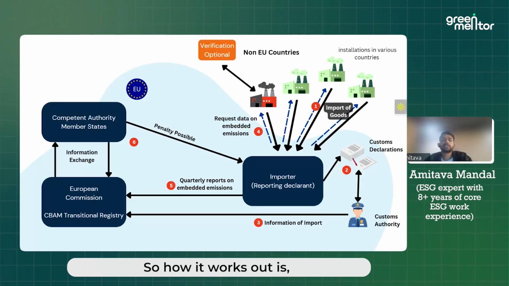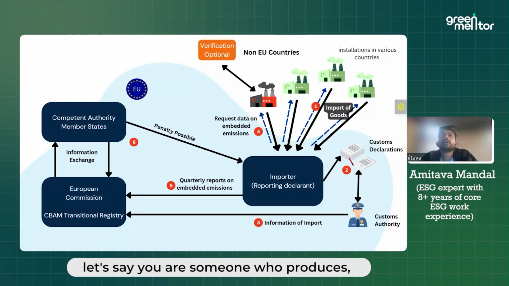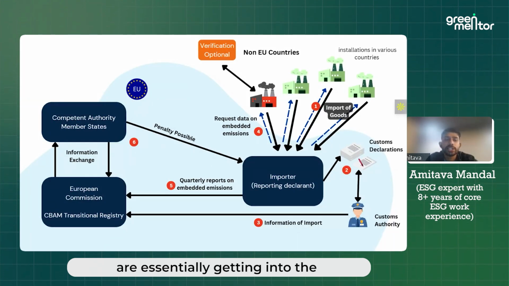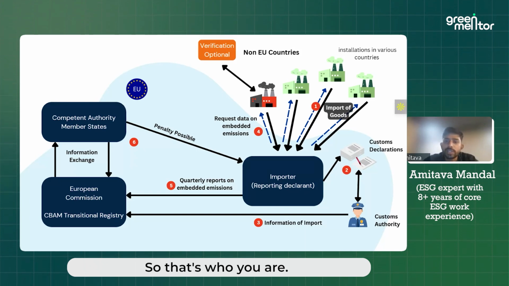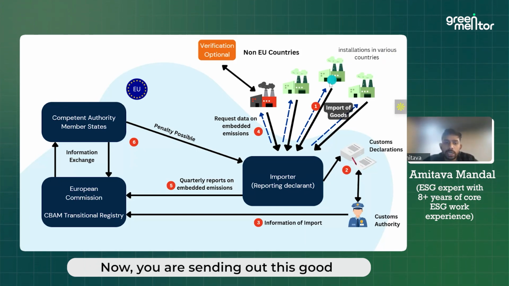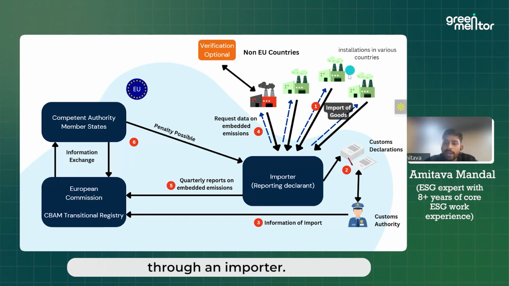So how it works out is, let's say you are someone who produces certain goods, and all of these goods are getting into the European Union. So that is who you are: an installation in a non-EU country. Now you are sending out these goods through an importer.